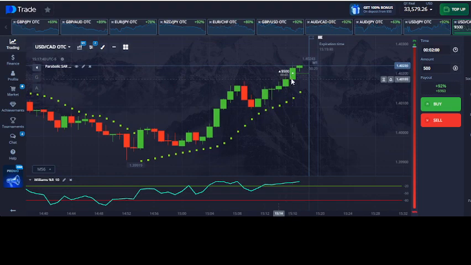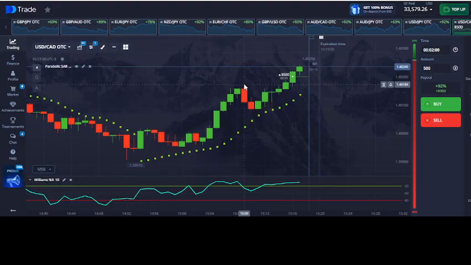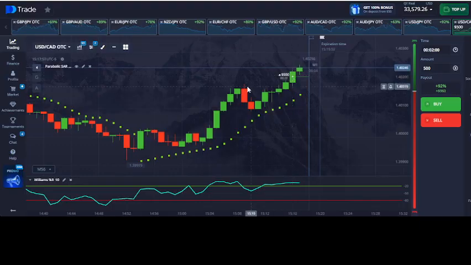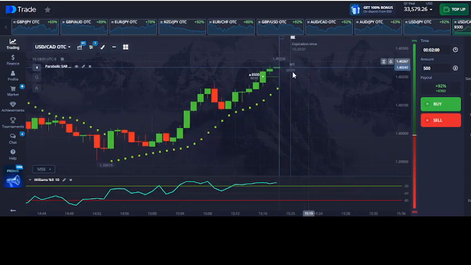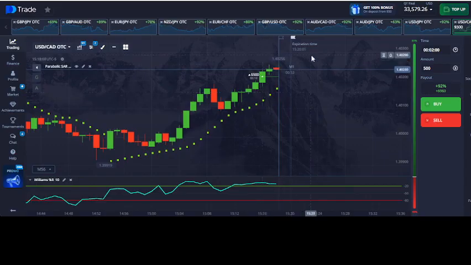In addition, this candle here broke above this red wick here, which initially served as a level of resistance. So once this candle broke and closed above this wick here, that's another signal that there's going to be a continued bullish movement to the upside here.